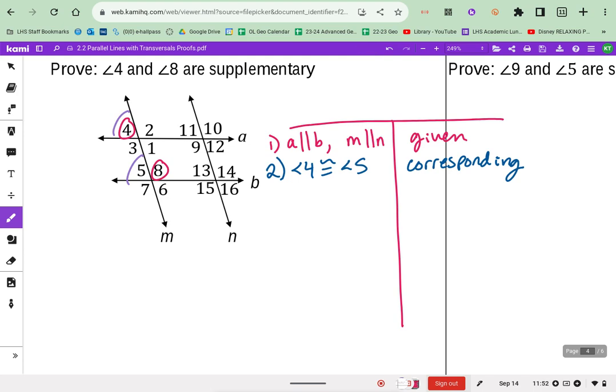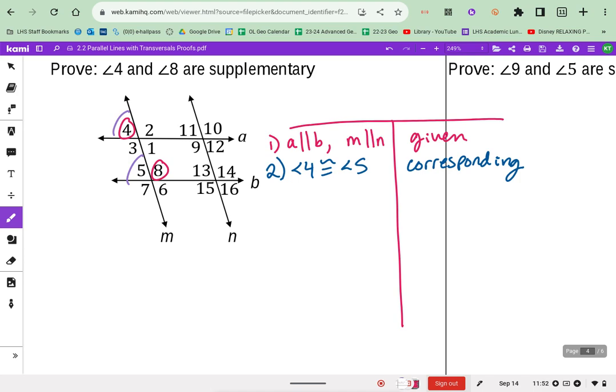And then I'm looking at what I need to prove and thinking, hey, angle 4 has already been mentioned in my proof, but angle 8 hasn't been mentioned at all. So I'm thinking, okay, does angle 8 have a relationship with the other angle I just mentioned, angle 5? What do you guys think? Angle 8 and 5, do they have a relationship? Yep, sure do. It's a linear pair.